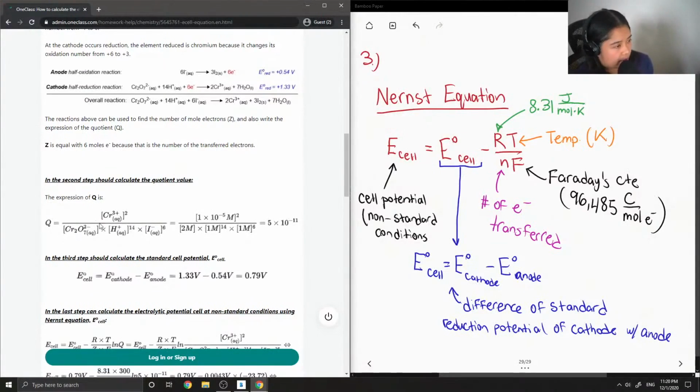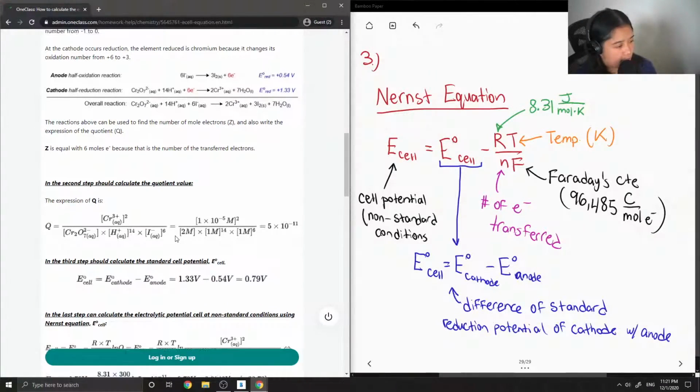So the only product here would be the chromium 3+, and the reason it's to the power of 2 is because in our balanced chemical equation, there is a coefficient of 2. So that is our only product. Our reactants are the dichromate ion, the proton to the power of 14, and the iodide to the power of 6.